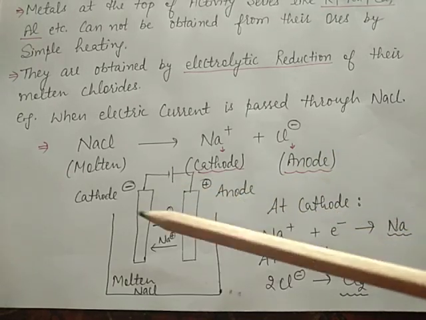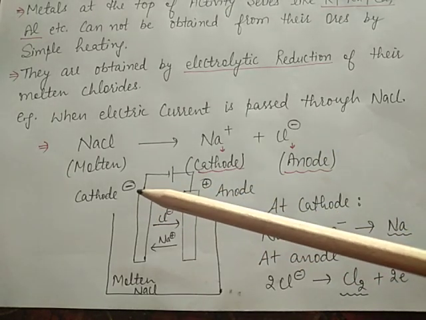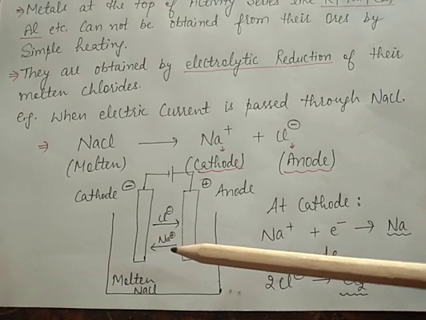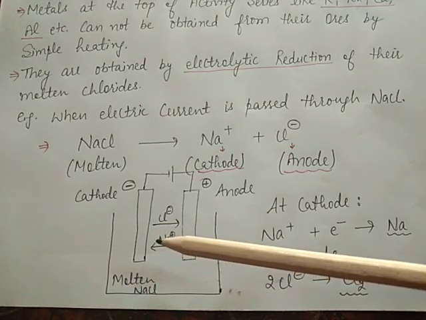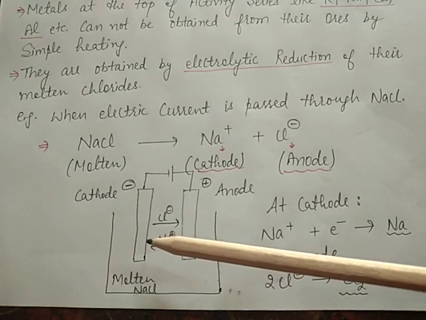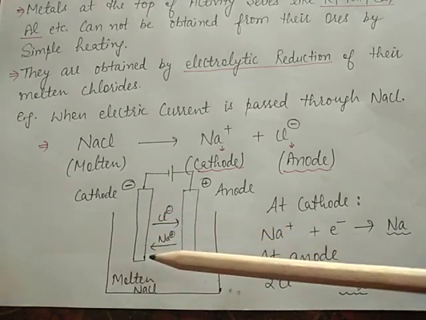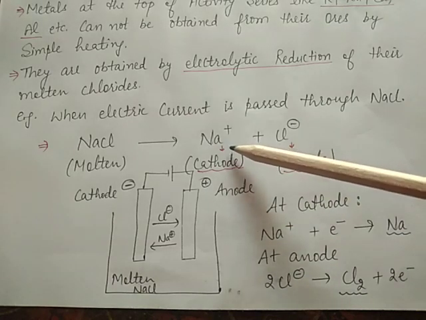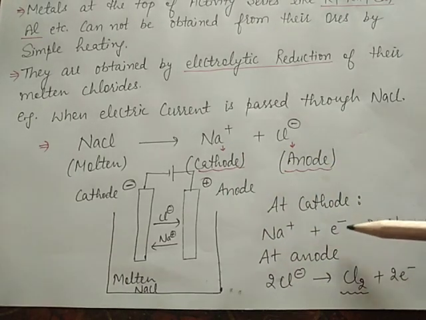But at cathode, the negative charge attracts the positive ions, that is sodium ions, and sodium ions undergo reduction, means gain of electrons. These sodium ions, after gaining 1 electron, form Na.